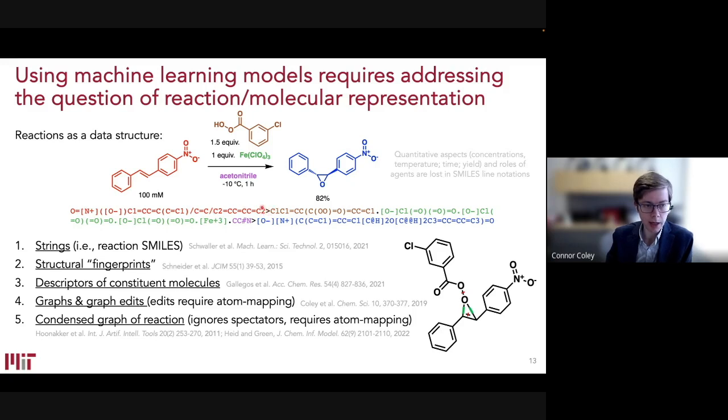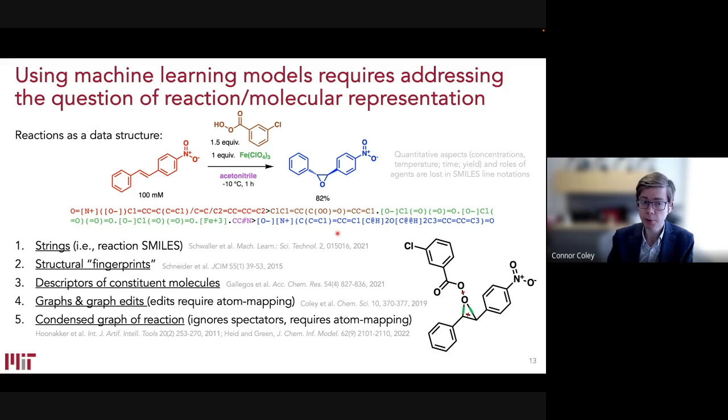We have one angle bracket separating the reactants from the agents in the middle, then another angle bracket separating that from the product in blue. And this string representation is an acceptable way of encoding this reaction, and we can use different translation approaches to process them. So you can throw this in a transformer and do some things with it if you'd like.